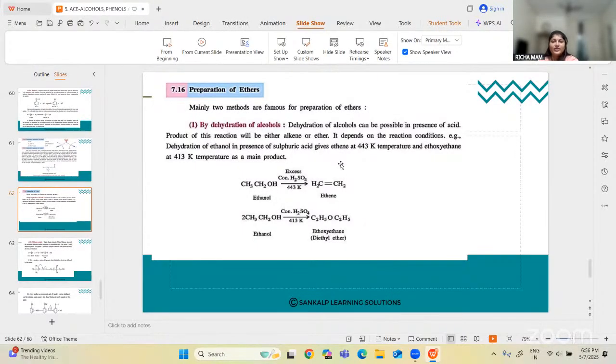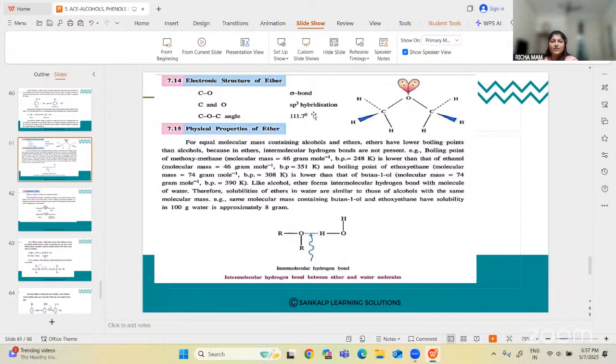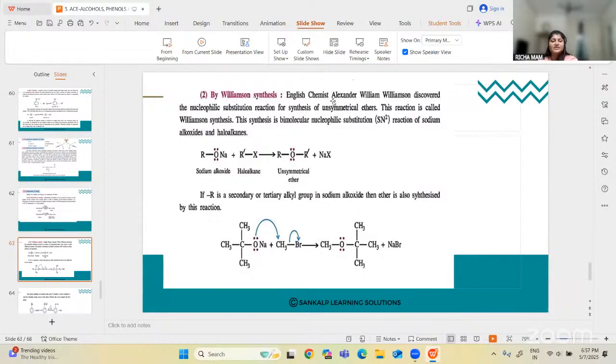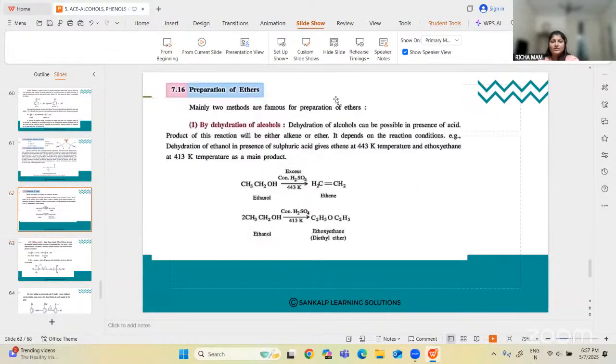Then we discussed the structure of ethers, the functional group of ether. Then methods of preparation of ether: first by dehydration of alcohols, then by Williamson's ether synthesis. So two important reactions of ether we have seen.